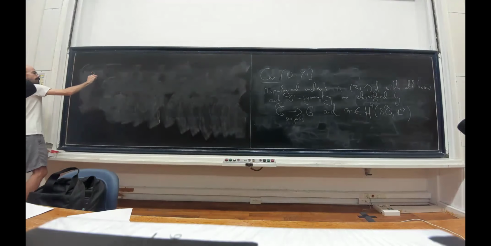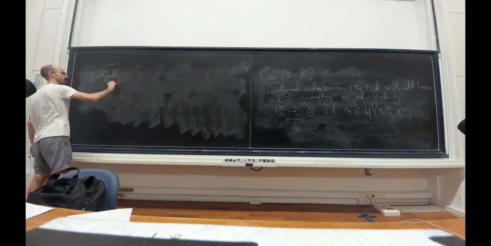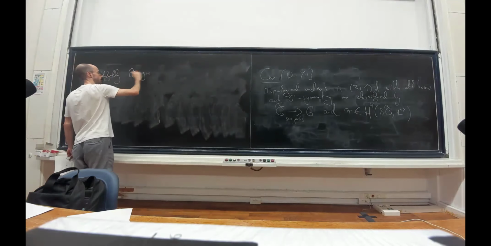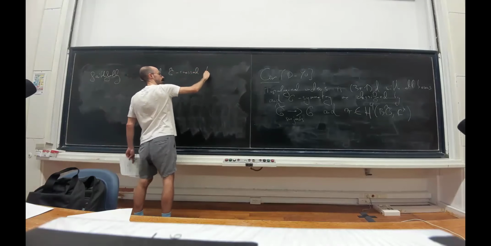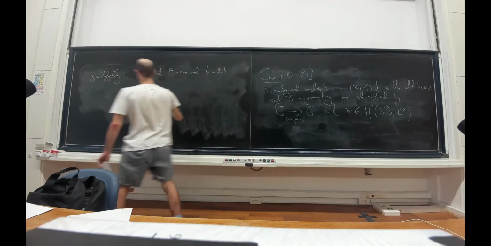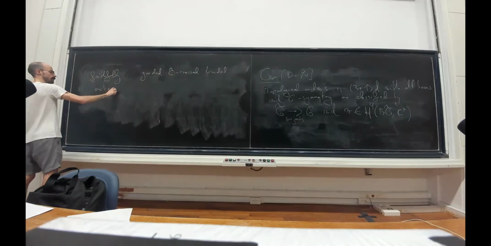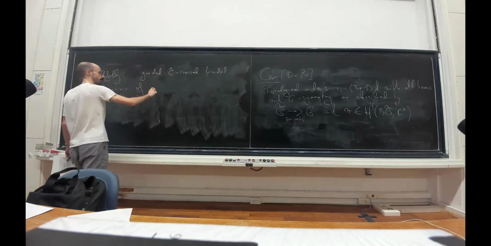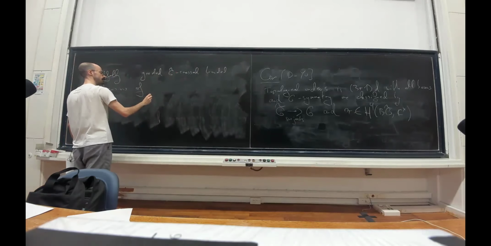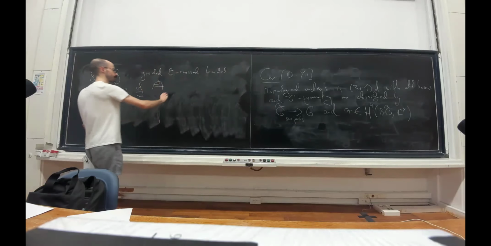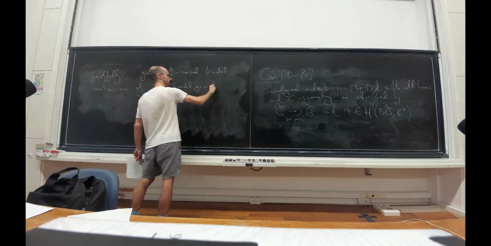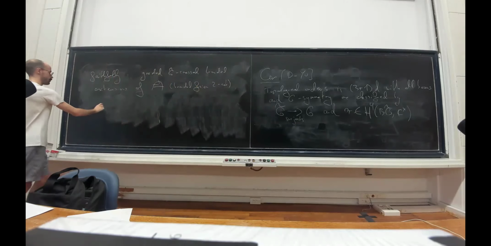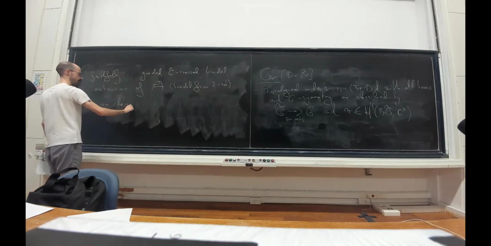Basically, graded extensions of, let's say, A, which is a braided fusion 2-category, and these are classified by certain homotopy classes of maps.